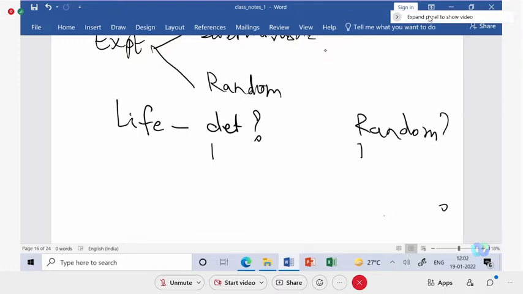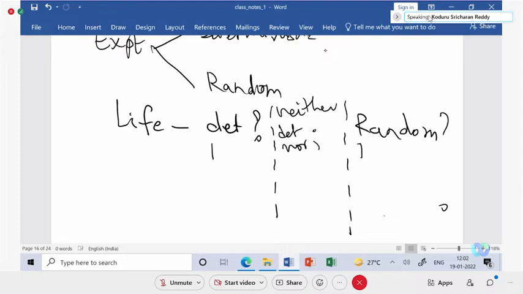Can anyone say it is neither deterministic nor random? So, it's mixed, I guess. Like some situations are deterministic and some are random. Okay, some are deterministic, some random.